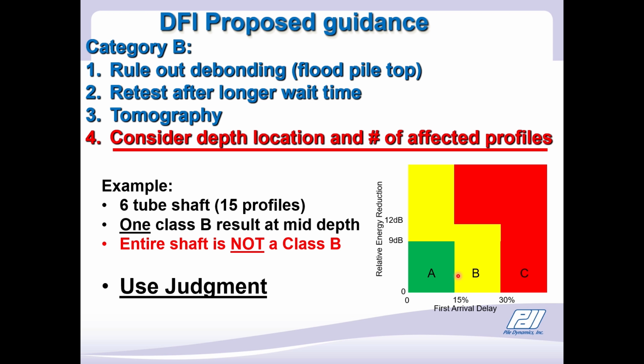I'm probably going to accept that shaft. On the other hand, if I have several of these Class Bs and they're all at the same depth, and they're on the high side of the B, let's say 29%, well, that's almost a Class C. That's probably something that I'm very concerned about and would investigate even further.